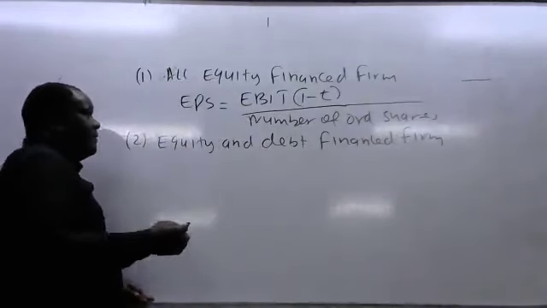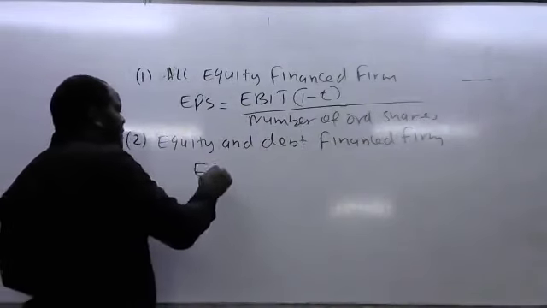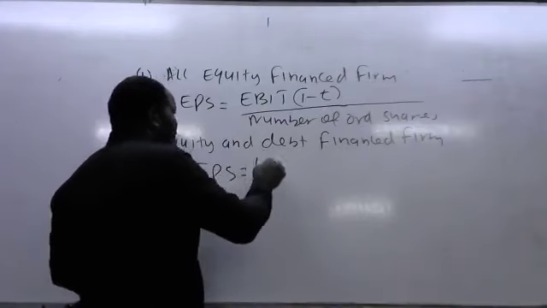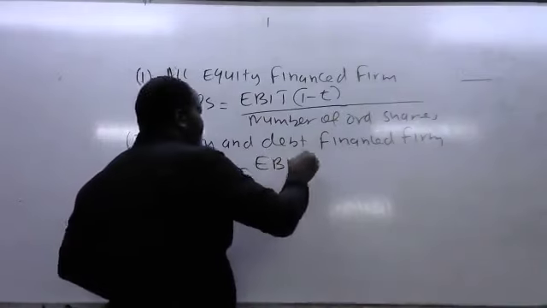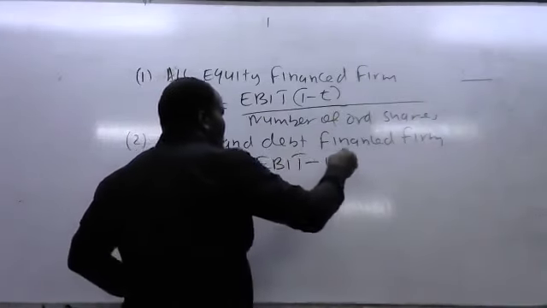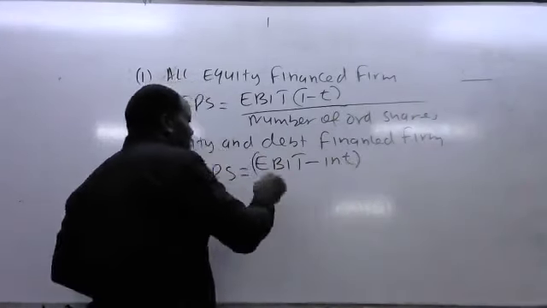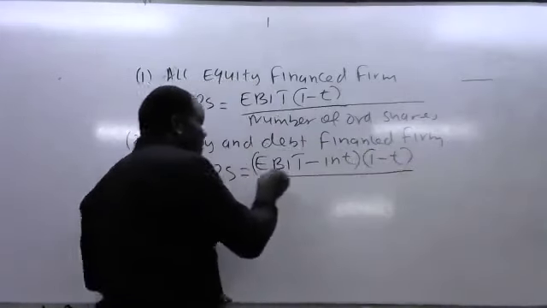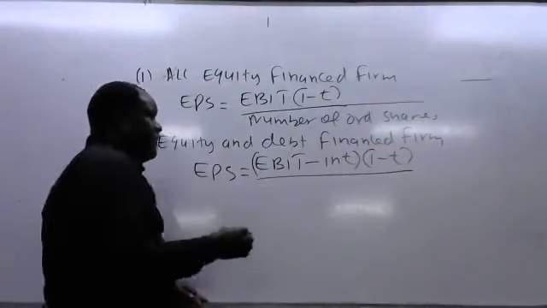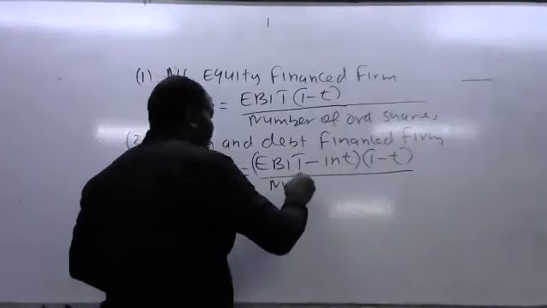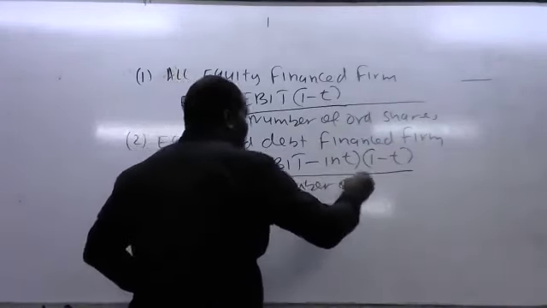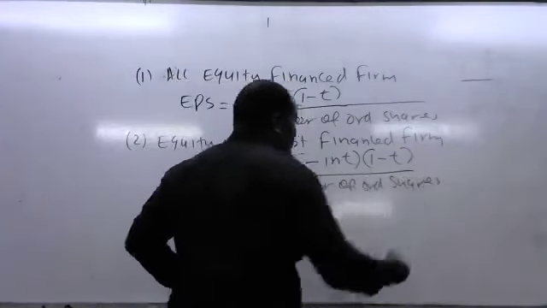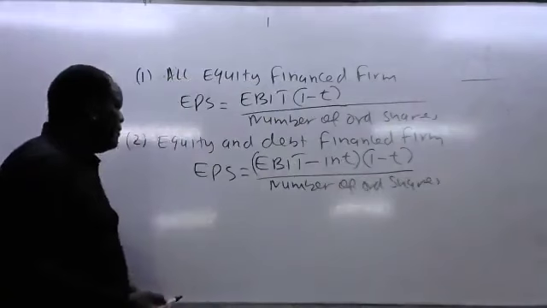So if that is the case, earnings per share will be given by earnings before interest and tax, we subtract interest, then 1 minus the tax rate. Then we divide by the number of ordinary shares.